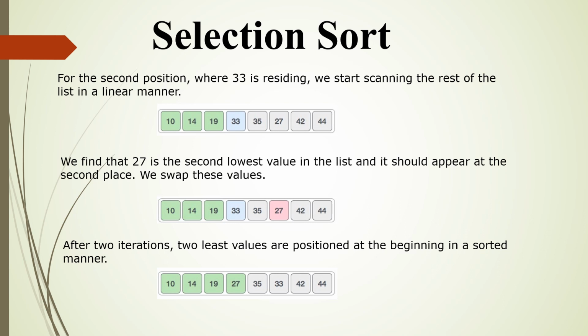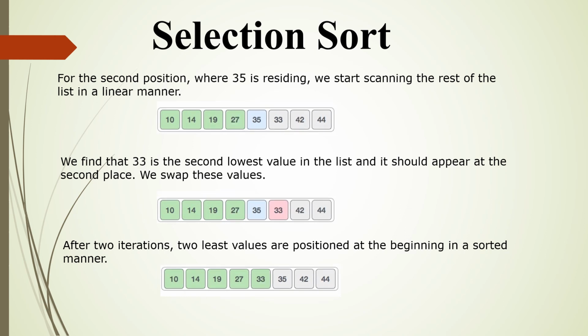We swap 27 with 33, and in this way 27 reaches its correct position. So the left hand side contains the sorted elements 10, 14, 19 and 27, and the right hand side contains the unsorted elements 35, 33, 42 and 44.